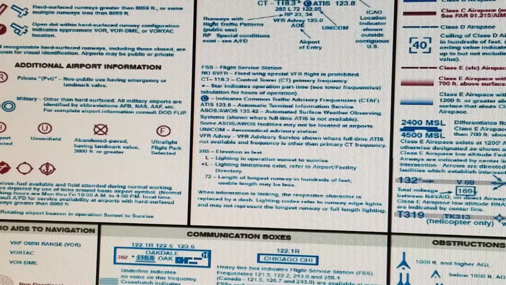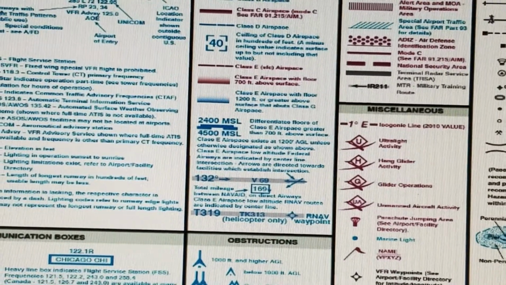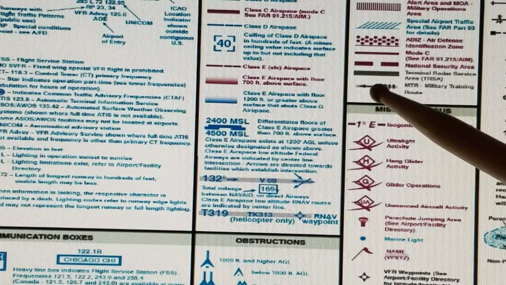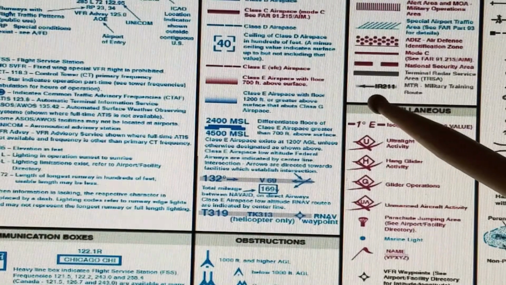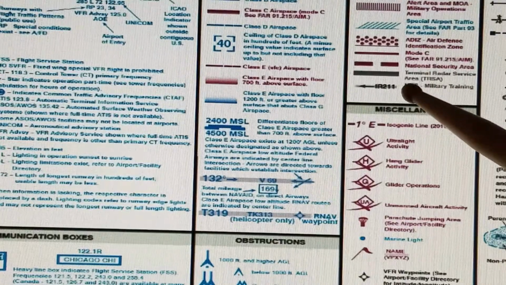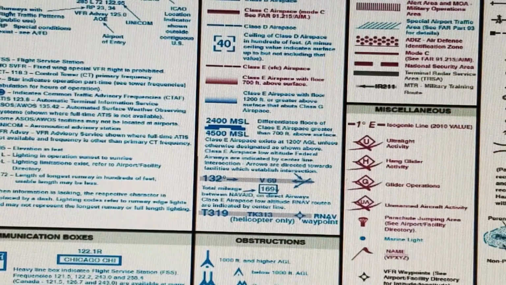And one other thing I would like to show, let's make sure: this IR211, or it could be VR211. They are military lines. See, it's marked MTR, military training routes. So you have to be aware of those also.